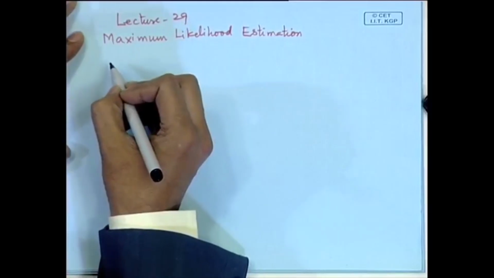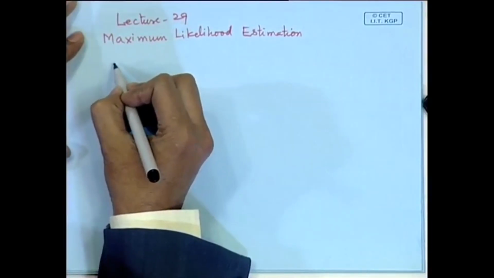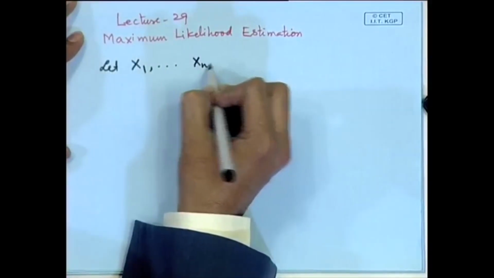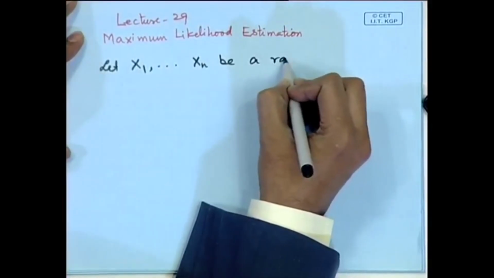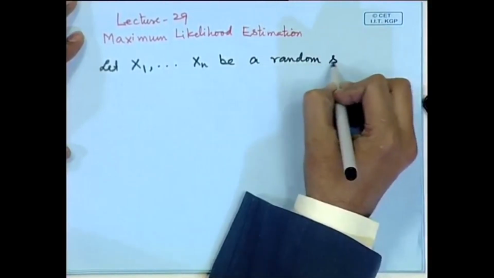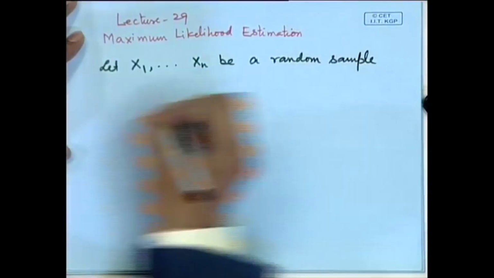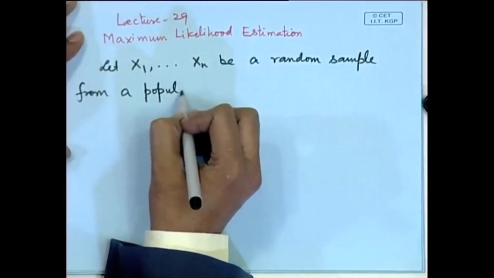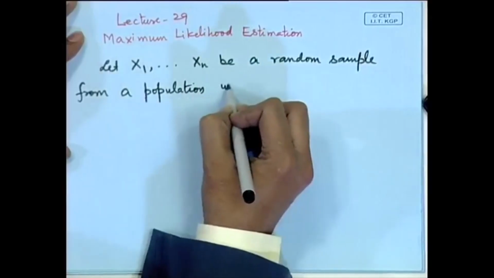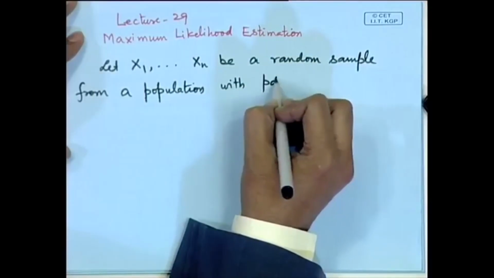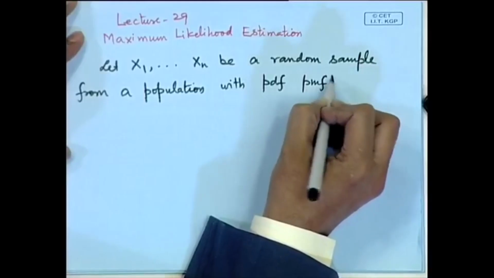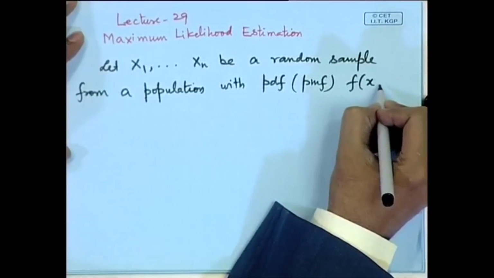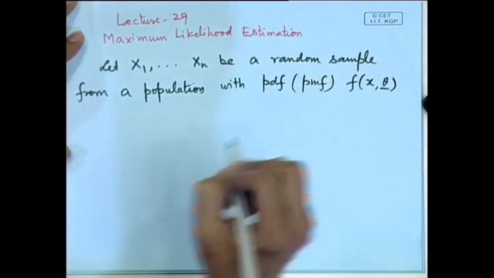Firstly we define the likelihood function. Let X1, X2, ..., Xn be a random sample from a population with either PDF or PMF, say f(x; theta).